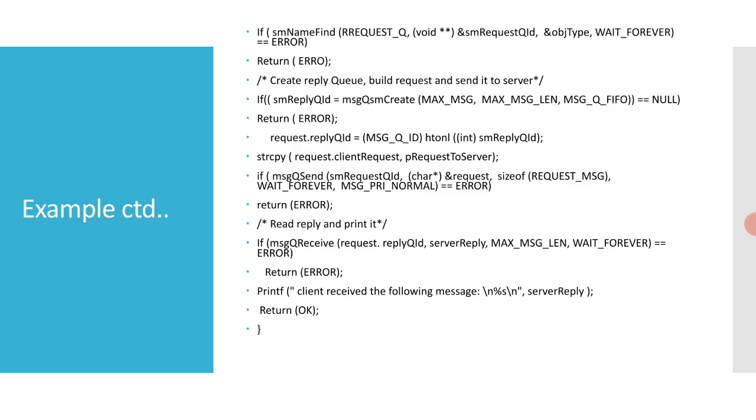So create reply queue, build request and send it to the server. So here we are using HTONL, and then read reply and print it. So if message_queue_receive request.reply_queue_id, server_reply, and max message length, wait forever double equals to error, return error, or printf "client received the following message" and print in the percent s format, that is server_reply, and return okay.